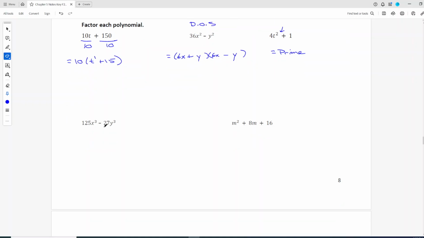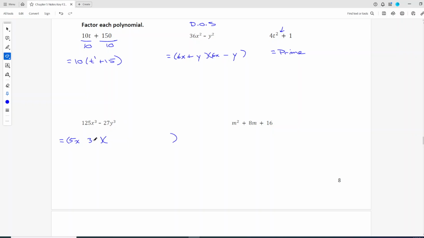All right, what about this next one? This one, again, I have 2 terms, so it's either a difference of squares or a difference of cubes. Because my exponents are divisible by 3 and my coefficients are 125 and 27, I'm going to call it a difference of cubes. I draw a small bracket and I draw a big bracket. In my small bracket, the cubed root of 125 is 5. The cubed root of x cubed is x. The cubed root of 27 is 3.